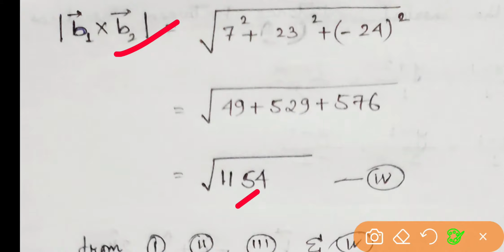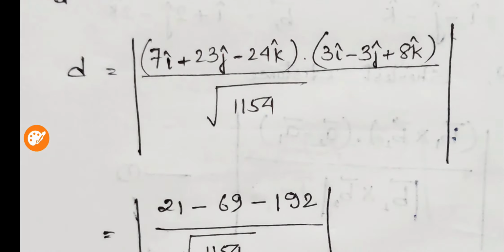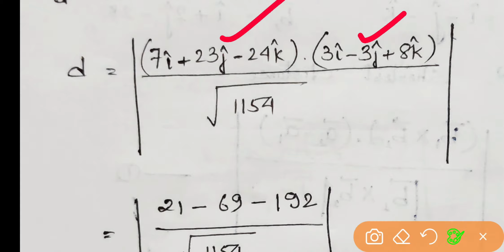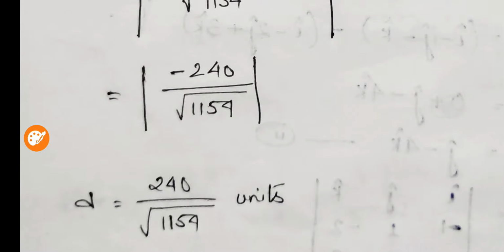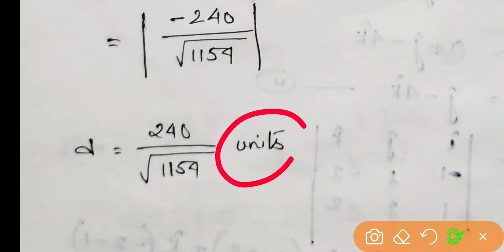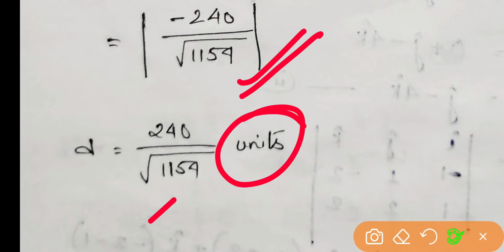After that we will substitute in the distance formula. This is my b1 cross b2, this is my a2 minus a1, this is my magnitude of b1 cross b2. Once I simplify, I get this. Don't forget to write units because it is length. If it comes negative, you can see here it is coming negative, so I took modulus and made it positive.